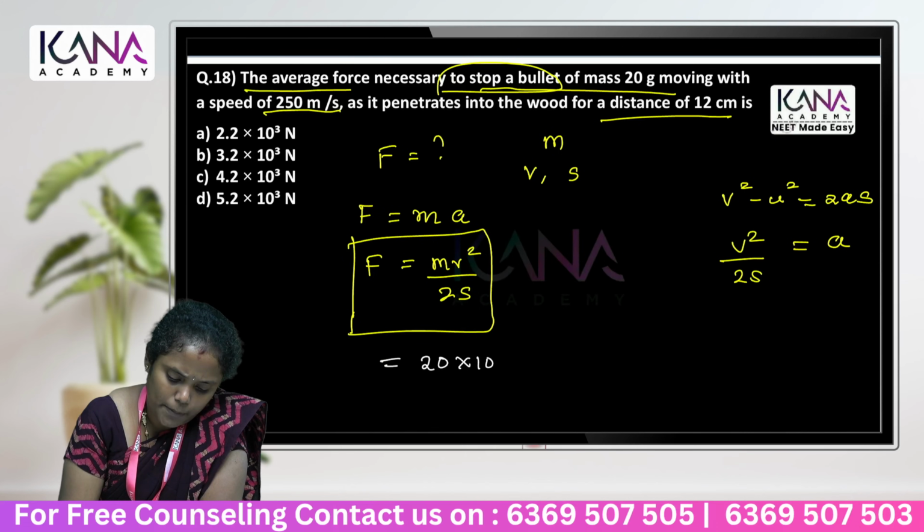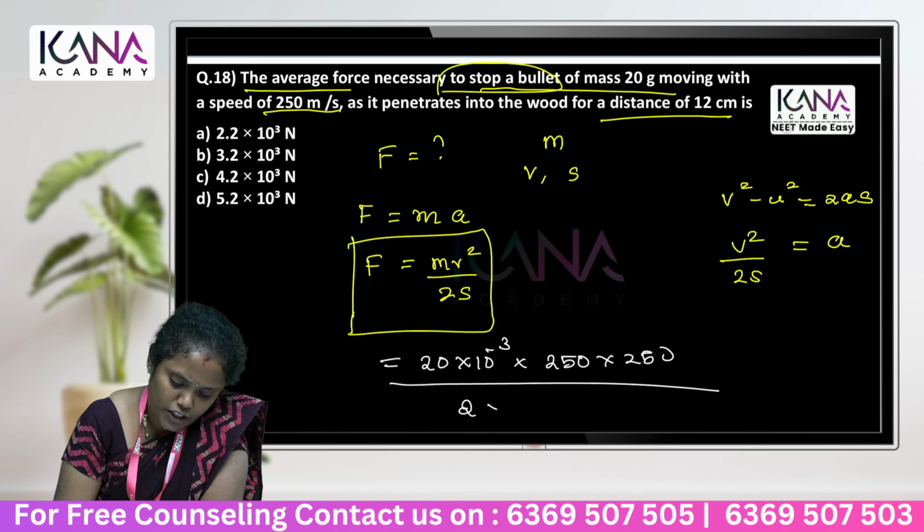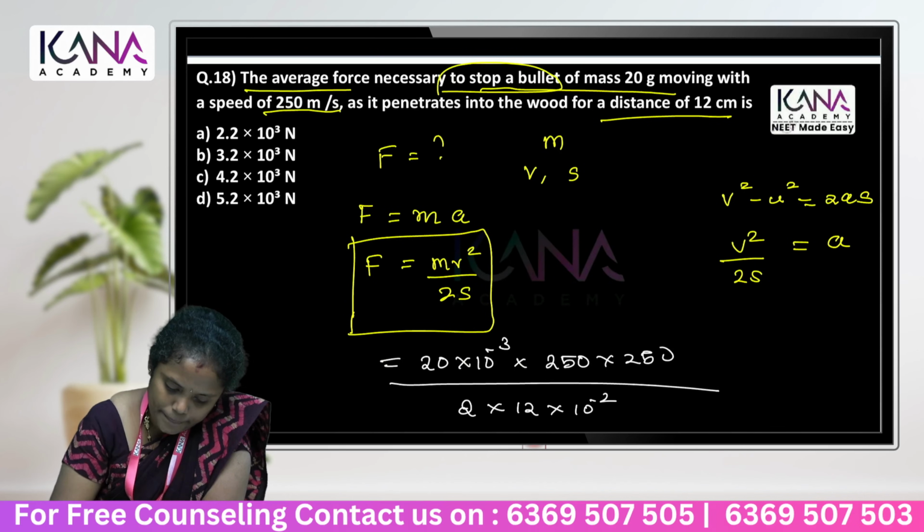20 into 10 to the power minus 3 into 250 into 250 by 2 into 12 into 10 to the power minus 2.